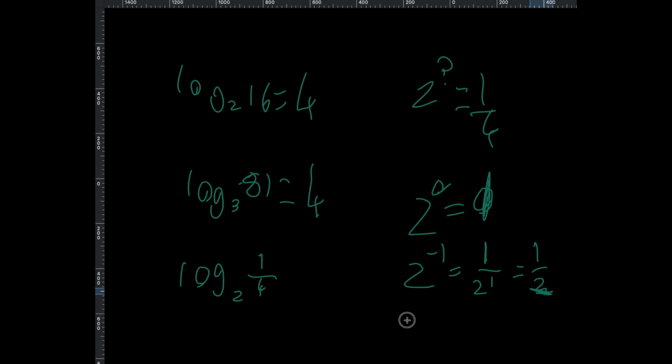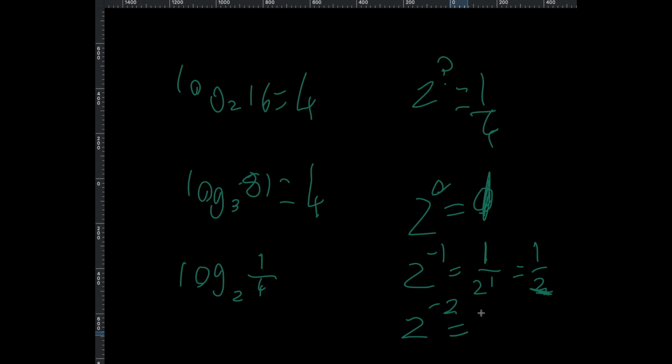And 2 to the negative 2 is equal to 1 over 2 squared, which is 1 over 4, and there we go.